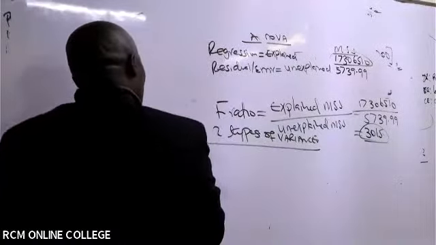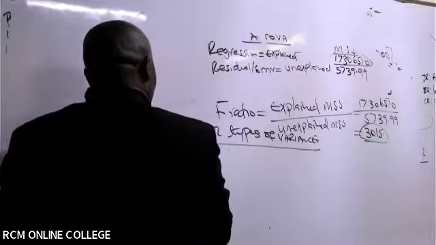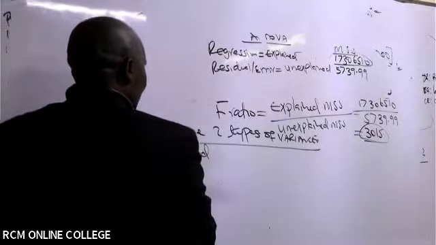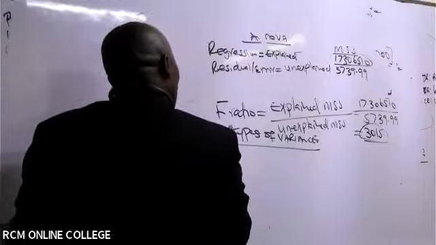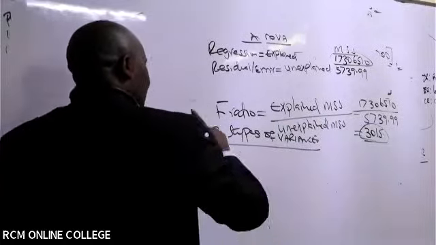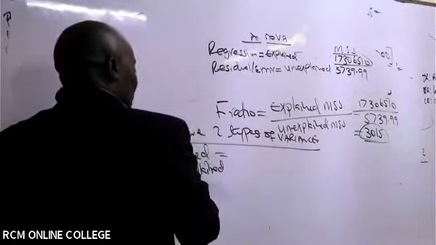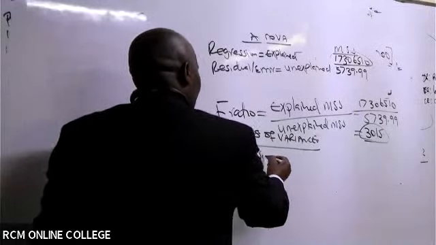We have explained, that's number one, and then number two, unexplained. The explained ones are the ones regression is able to give us their values. That is why the explained ones, we call them regression.